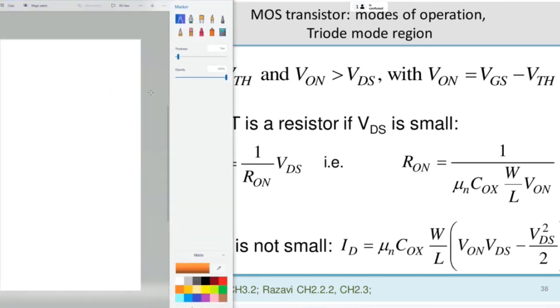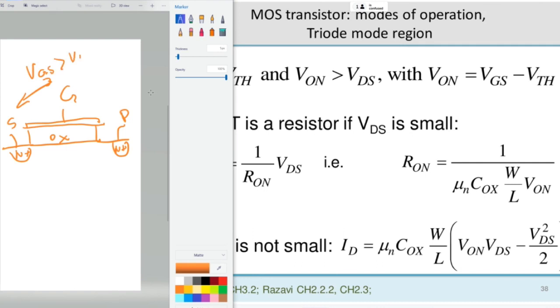So I have now a gate here. This is the oxide, and plus is the source, and plus is the drain here. Now, gate source voltage is above threshold voltage.